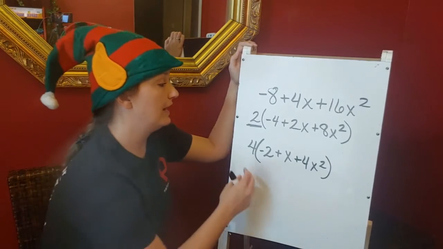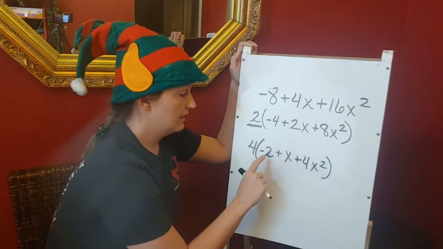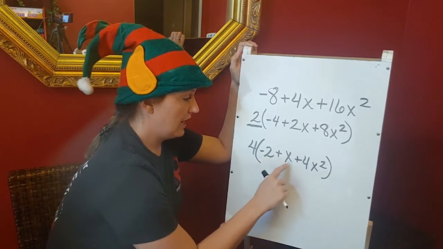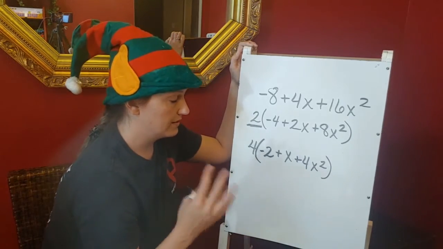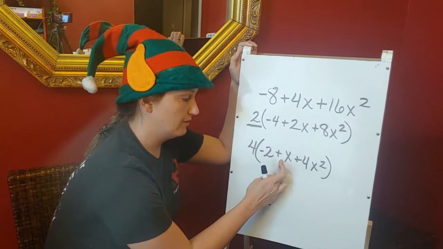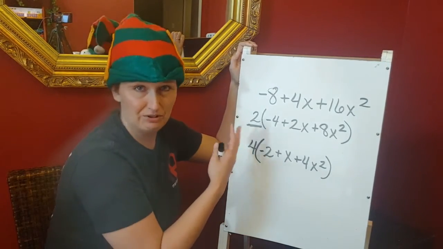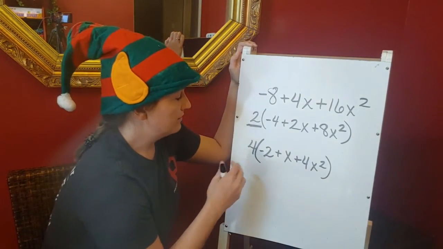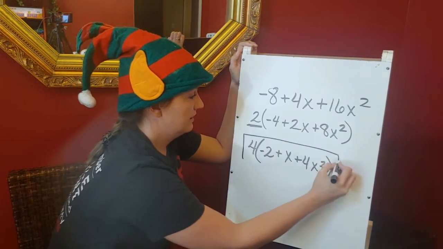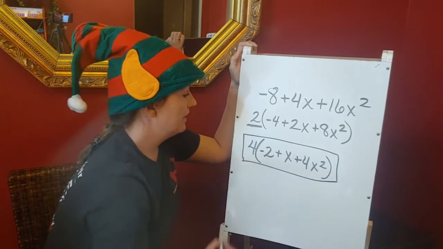Now, if I look at this expression, I don't have any more greatest common factors. The greatest common factor is just a 1, and I can't pull another 1 out or anything like that. So I know that this is fully factored.